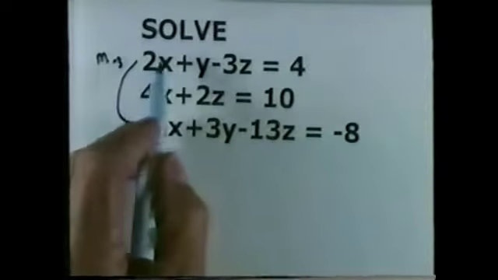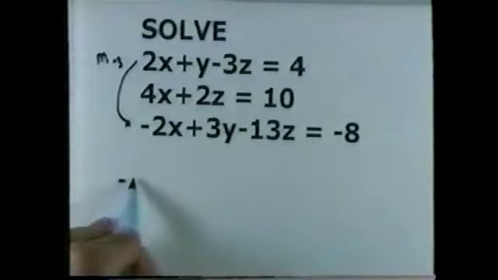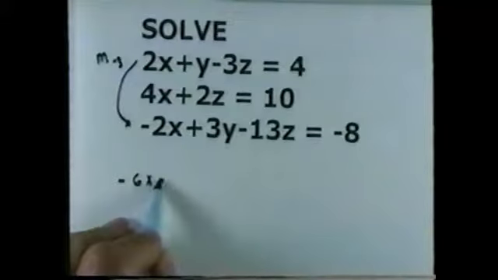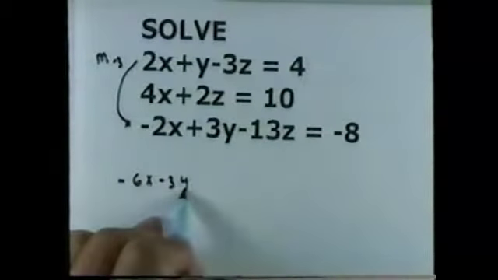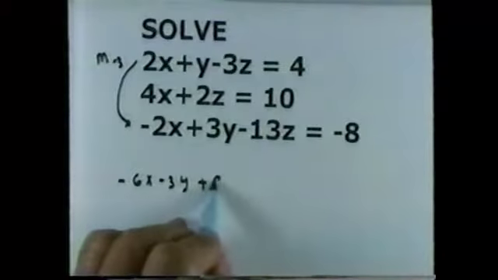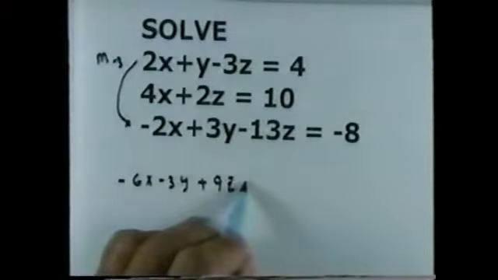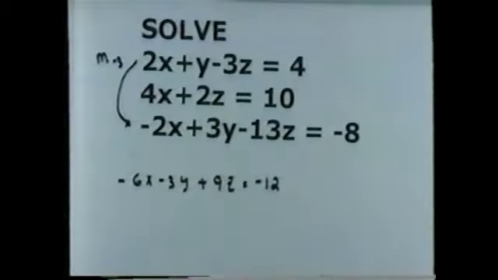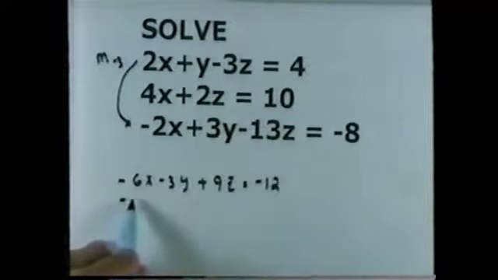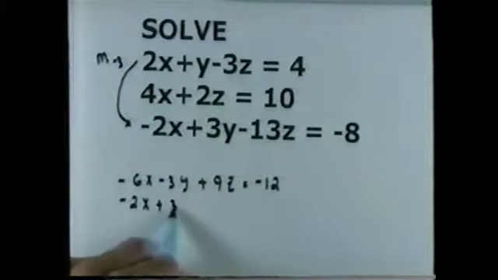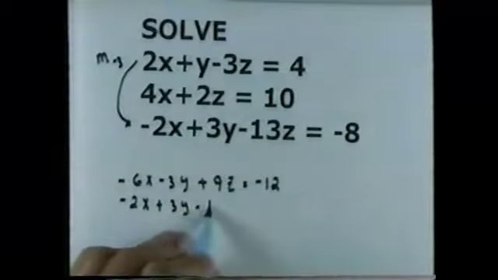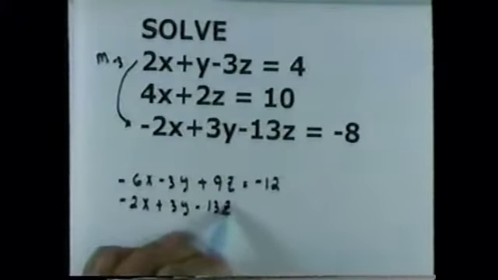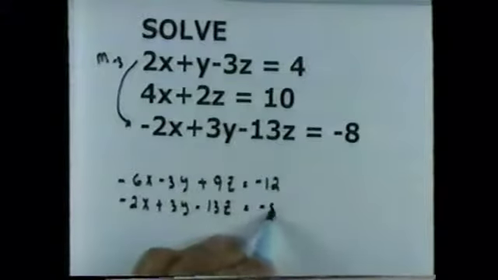So if I multiply by negative 3, I get negative 6x minus 3y plus 9z is equal to negative 12. Then combine it with the third row, we have negative 2x plus 3y minus 13z is equal to negative 8.